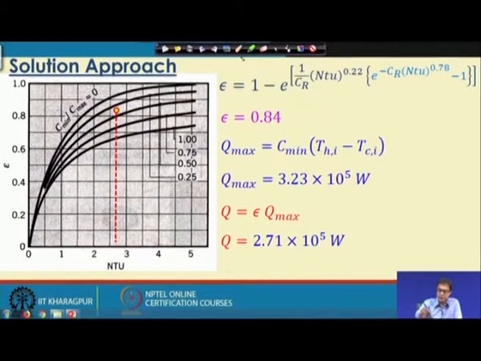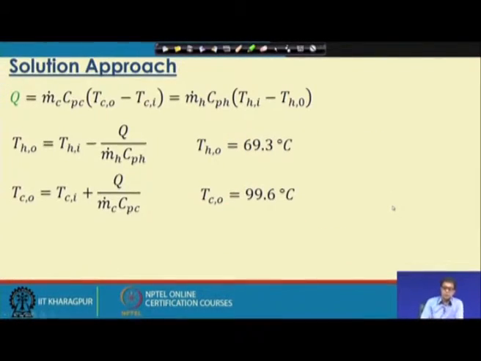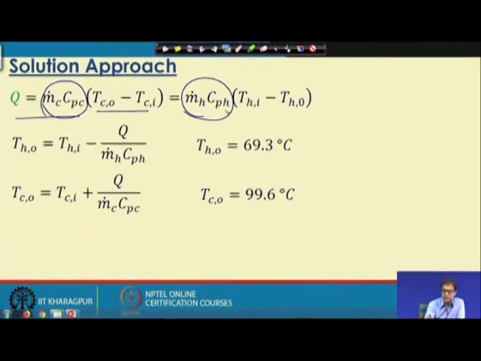When we know the actual heat being transferred, it is now easy for us to calculate the exit temperature. For both the hot and cold fluid streams, the heat transfer is CH multiplied by the difference in temperature, that is CH multiplied by delta TH, and CC multiplied by delta TC.